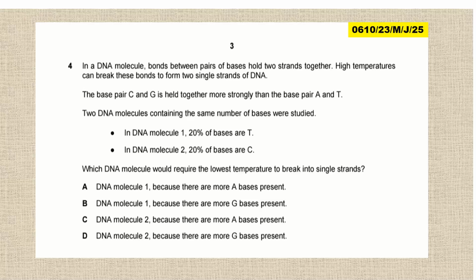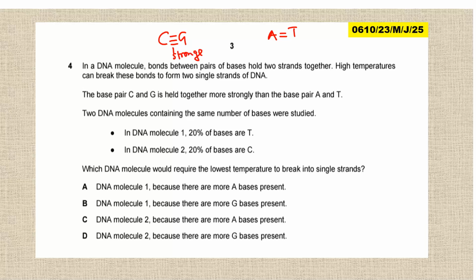So when they are heated, the bonds can break. The base pair C and G is held together more strongly, you know that C and G is a triple bond, than A and T, which is a double bond. So you expect this one to be strong. But that is not the question.